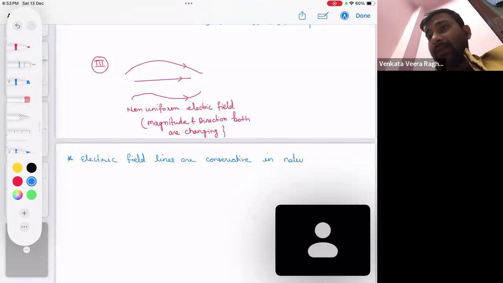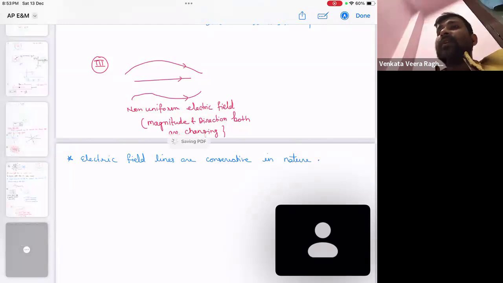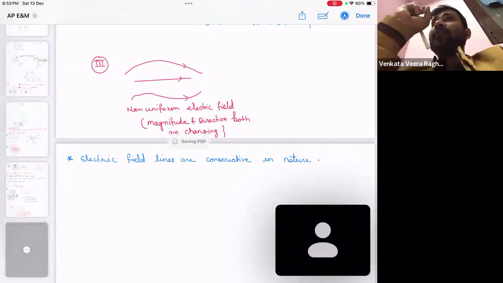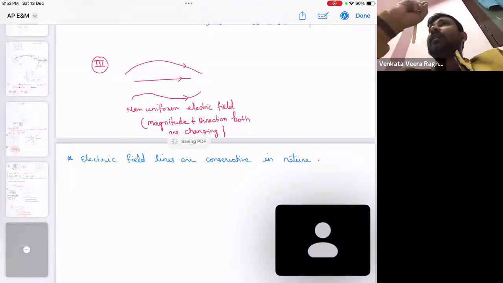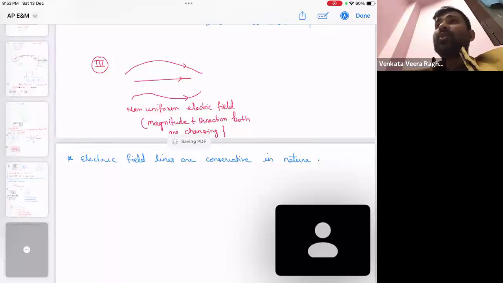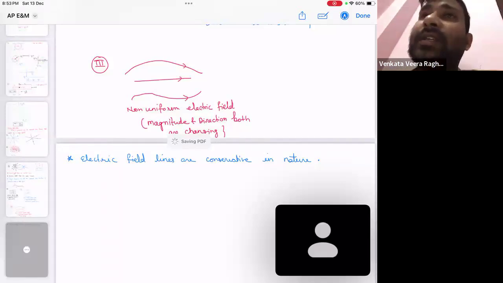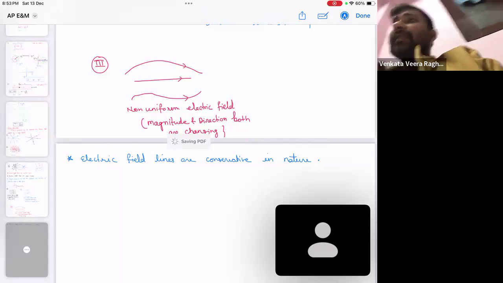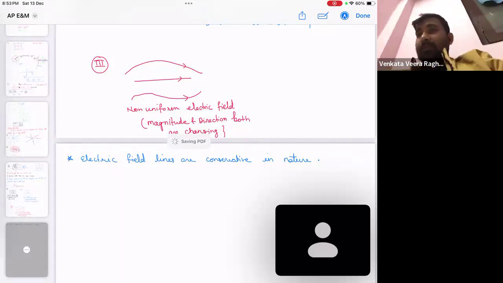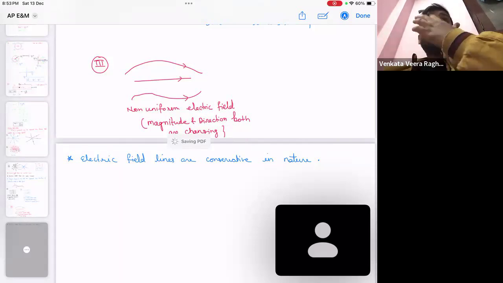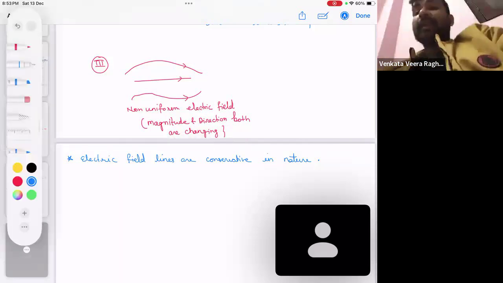So that's why they never form a closed loop. You will never find electric field lines forming a closed loop. If you find at some point that an electric field line is forming a closed loop, that is not an electric field line.